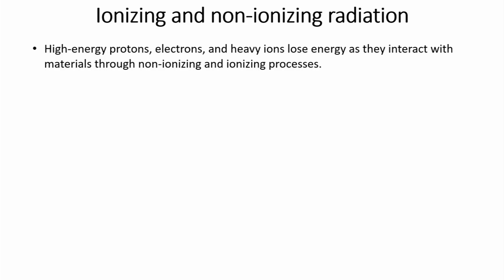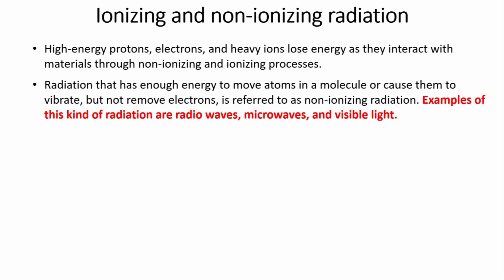As I already said, this radiation consists of high energy protons, electrons and heavy ions, and they lose energy as they interact with materials, and that process can be ionizing or non-ionizing. When the radiation has enough energy to move the atoms in a molecule or cause them to vibrate, but not remove electrons, that is referred to as non-ionizing radiation.